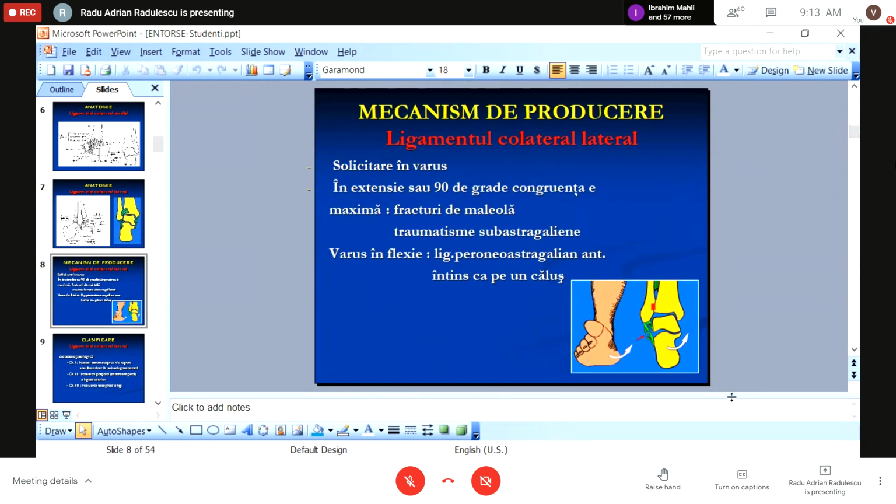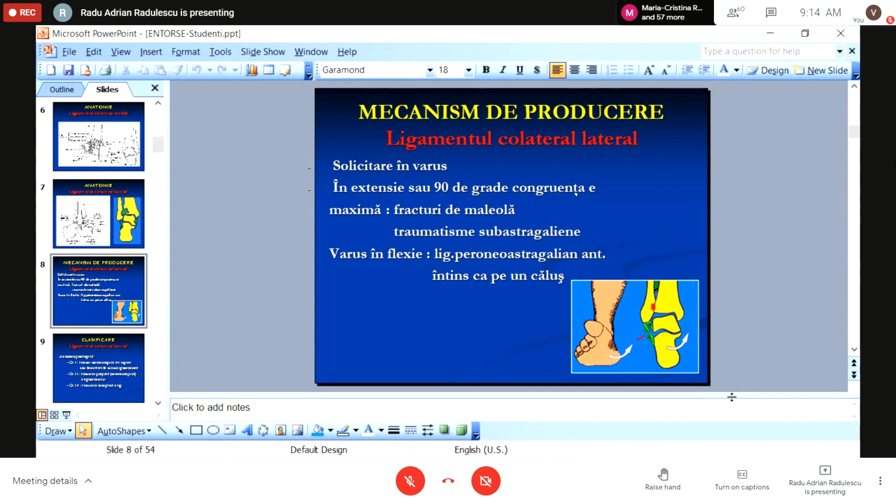What happens? How can we get a sprain? Well, generally speaking, not only about the ankle but about sprains in general, such a trauma occurs in two main situations. One of them is when the joint is forced over the limits of its normal range of motion.